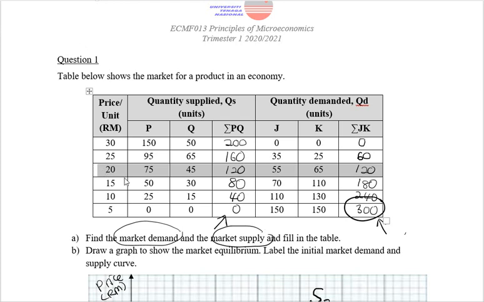Because when the price is 20 ringgit, the quantity supply is 120 and the quantity demanded is also 120. So this is the point where you get the equilibrium, because the quantity supply and quantity demand is the same.